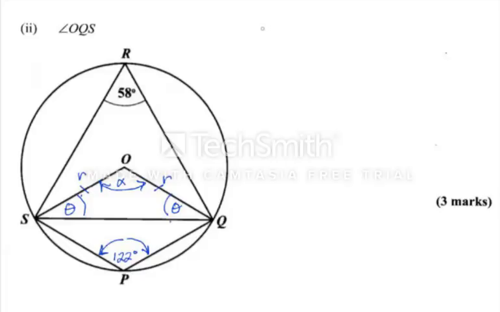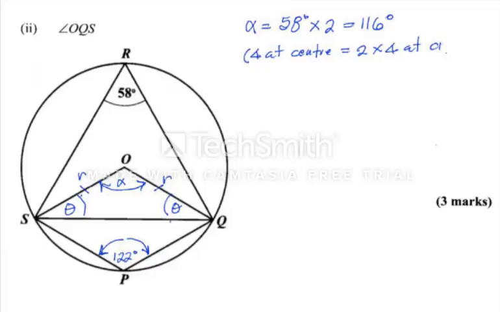So alpha would be equal to 58 degrees multiplied by 2, which is 116 degrees. And the reason for that is the angle at the center is equal to 2 times the angle at the circumference.